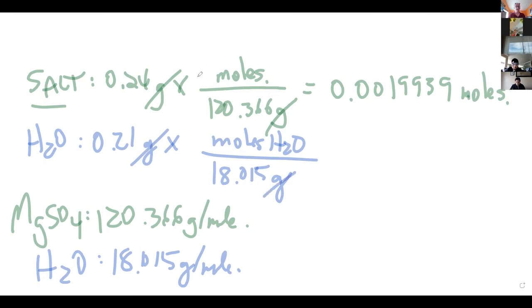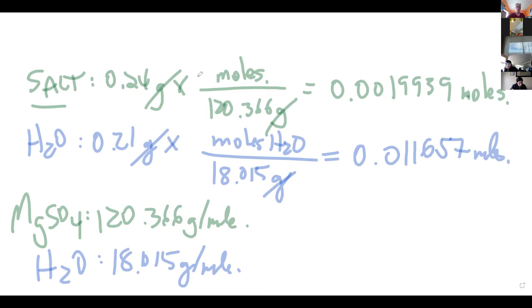I get rid of my grams. I'm left with moles of water. That's what I want. And I get 0.011657 moles. Obviously you should have more moles of water than moles of salt because it's a heptahydrate. There's more moles of water than there is moles of salt.